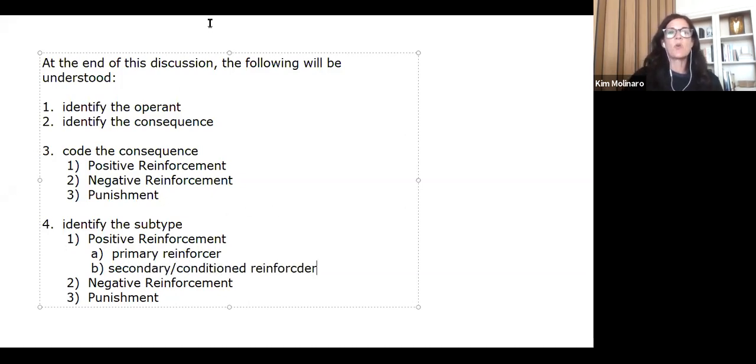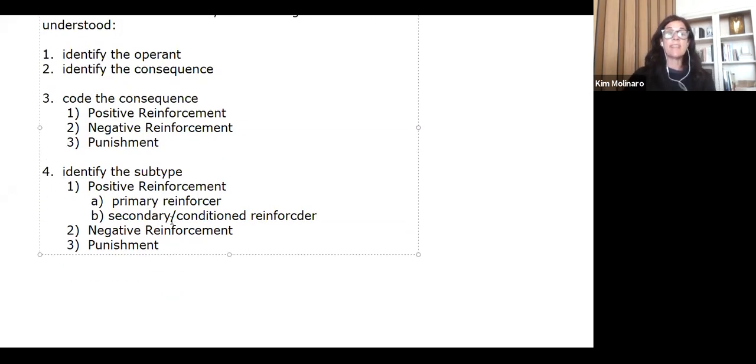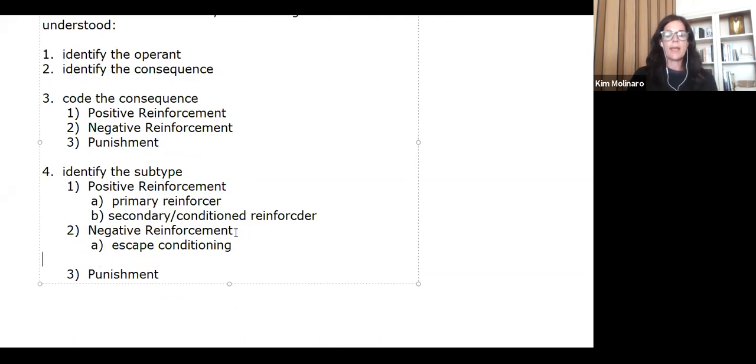So primary reinforcer and secondary reinforcer go with positive reinforcement. They can't go with anything else. Negative reinforcement has two subtypes, escape conditioning and avoidance conditioning, and these can only go with negative reinforcement.